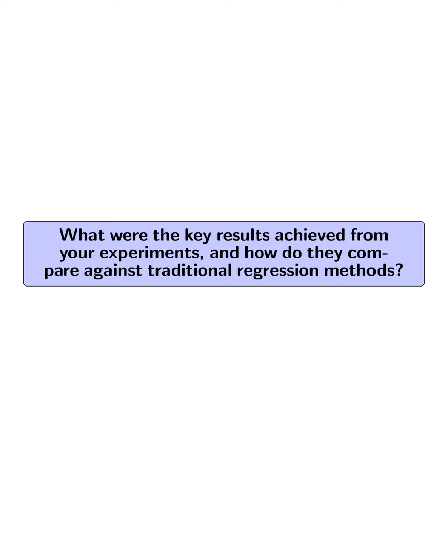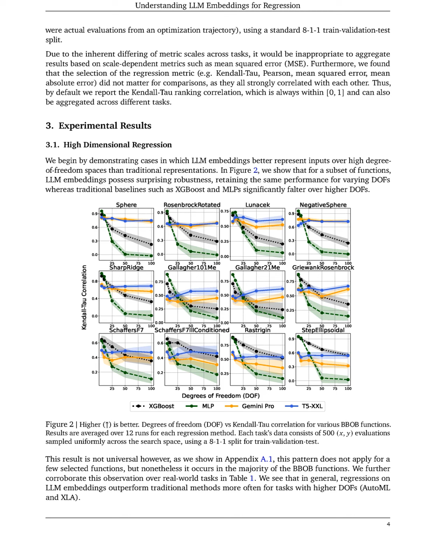What were the key results achieved from your experiments, and how do they compare against traditional regression methods? The key results from our experiments indicate that LLM embeddings significantly outperform traditional regression methods, particularly in high-dimensional spaces and tasks with a high degree of freedom, DOF.